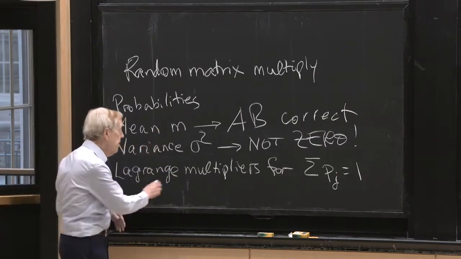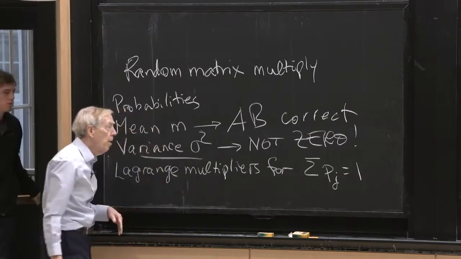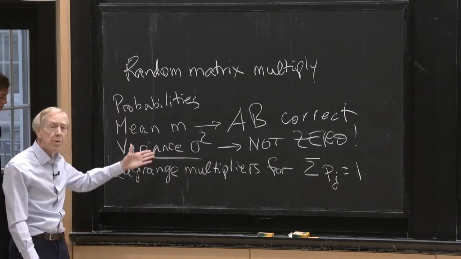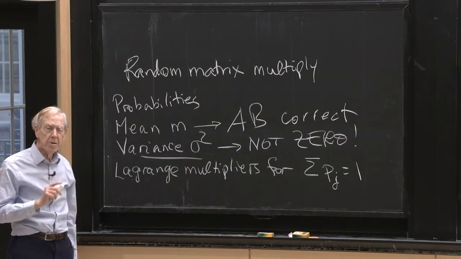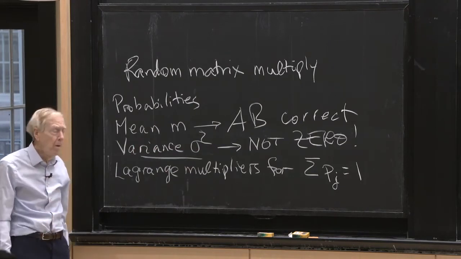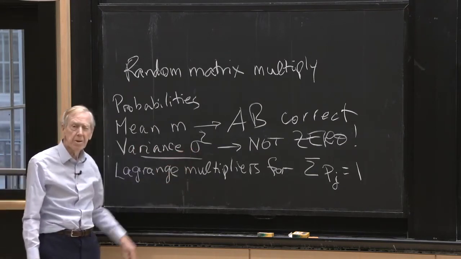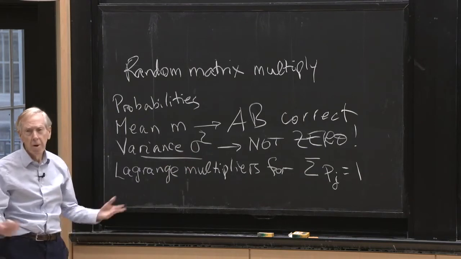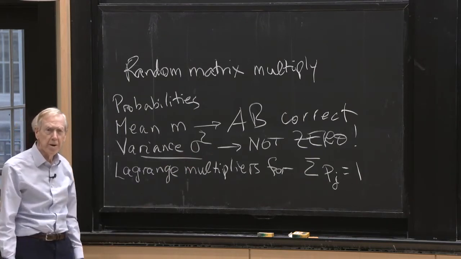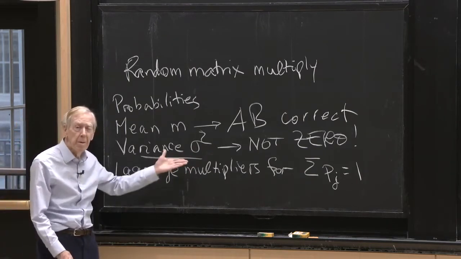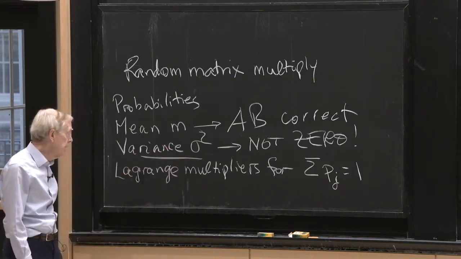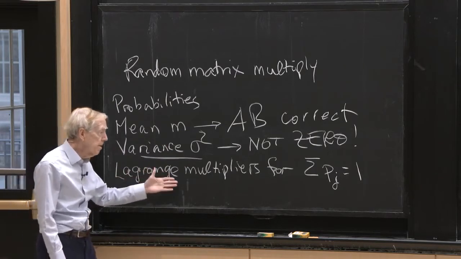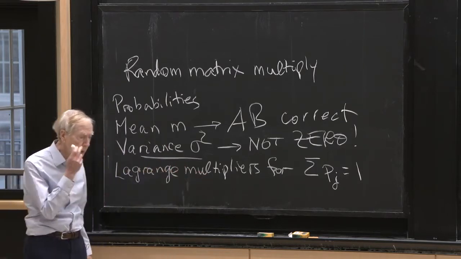And the variance measures how far you are. So I don't know if you know these words. It's unfortunate, but I guess 18.065 can't change it now, that the variance is written sigma squared. And we already have a good use for the Greek letter sigma, but today it has a different use for variance. And Lagrange multipliers will come in near the end.